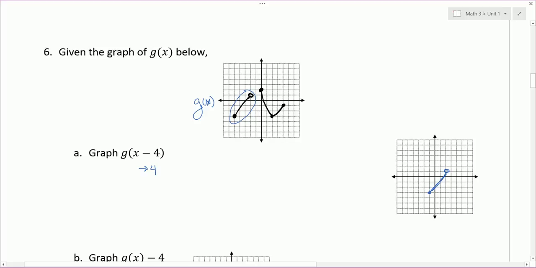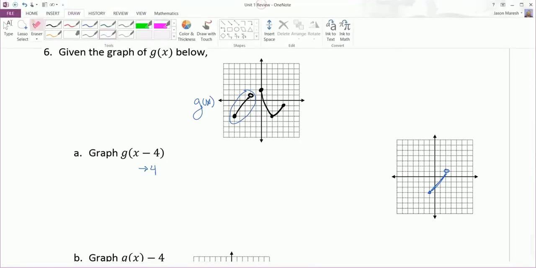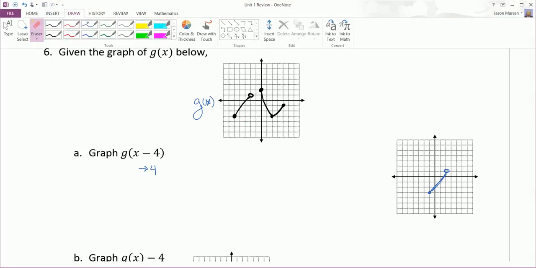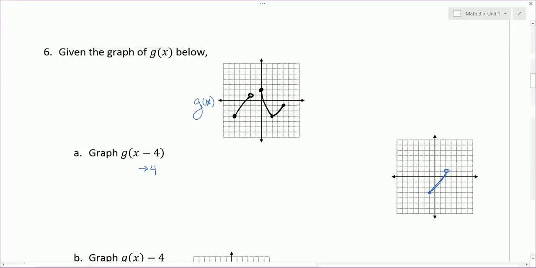You can also look at the relationship between the points. For example, since I have that first part drawn, I can say, how do I get from that open circle to that next point? If I go right 2, up 1, I get to that next point. And I could just do that, right 2, up 1. And I can do this again.